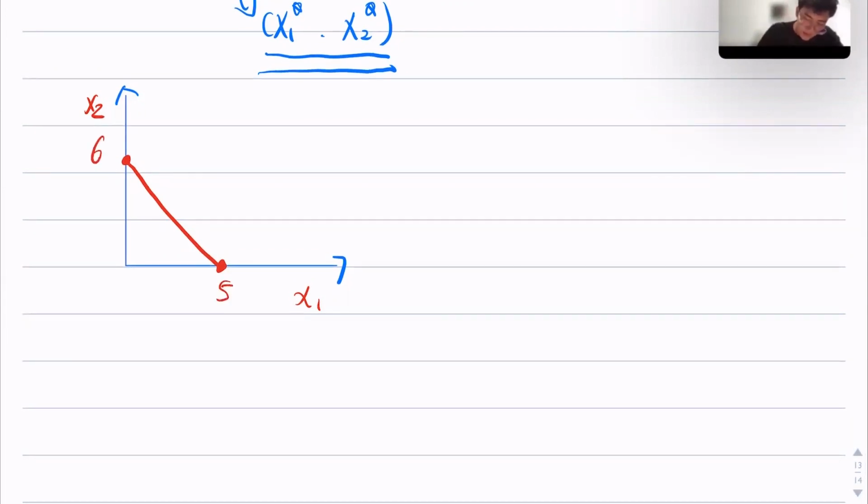That means you can have either 5 of good 1 or 6 of good 2. These are the endowment points, and any combination of the goods you will consume. This red area is basically the affordable goods that you can consume.